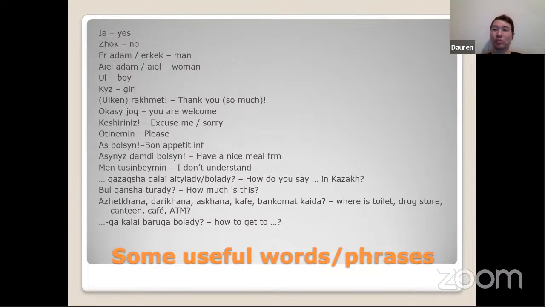I'm mixing the languages because the Russian terms just pop up in your head, so deep in our Kazakh language. That's why we often use Russian words.